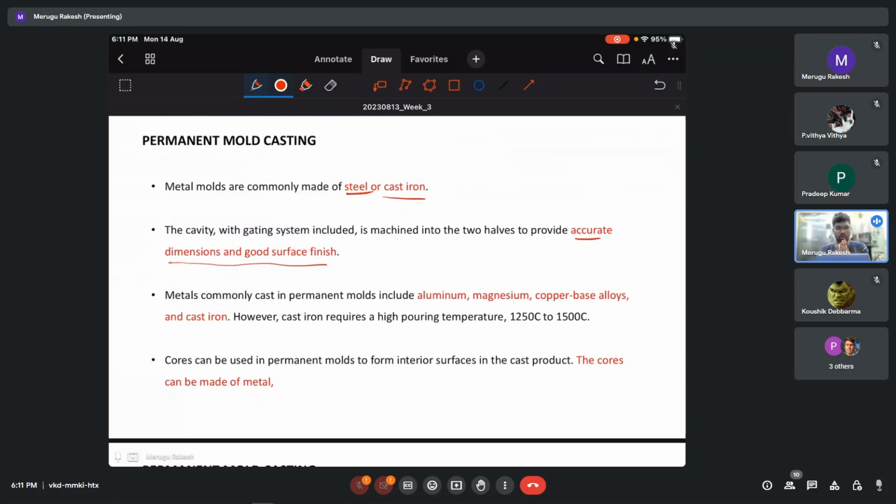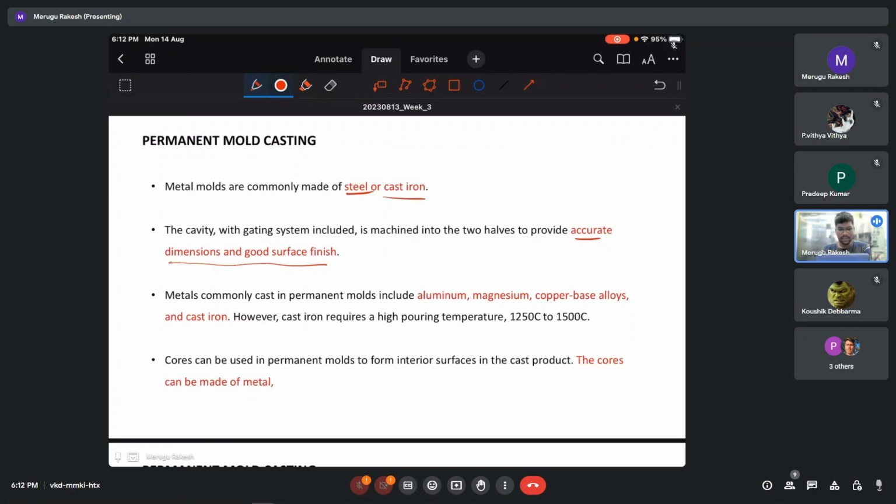Means we can open the molds, and there should be a provision to take out the cast component. We get a very good surface finish since it is metal, around 2 micron surface finish, when compared to sand casting, in which we get around 6 micron surface finish.